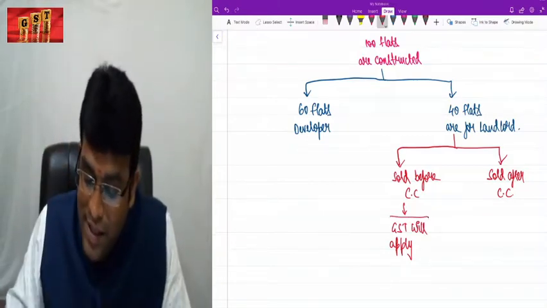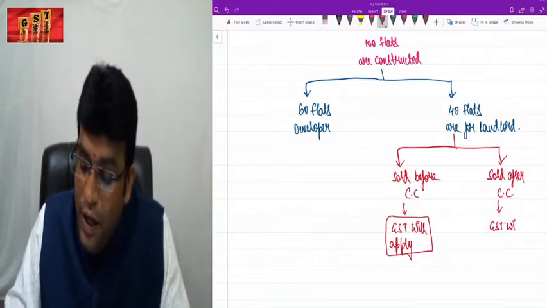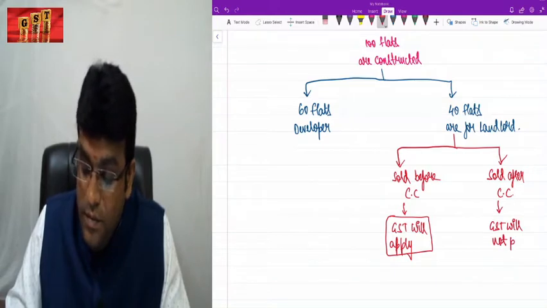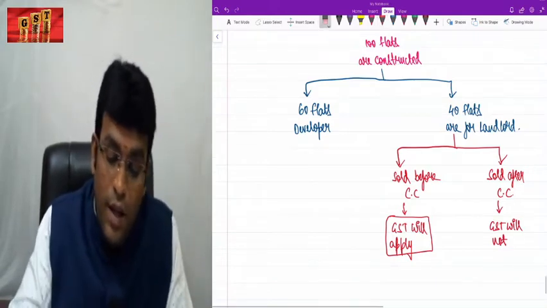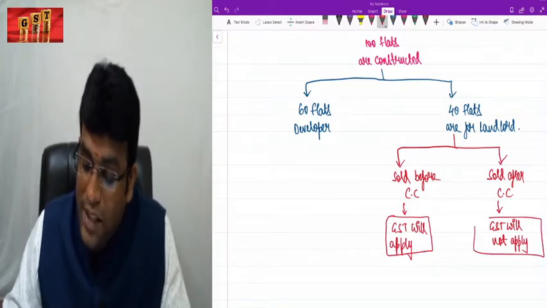So in this case GST will apply, but in this case GST will not apply on sale of flats.